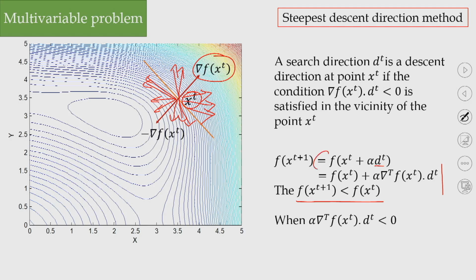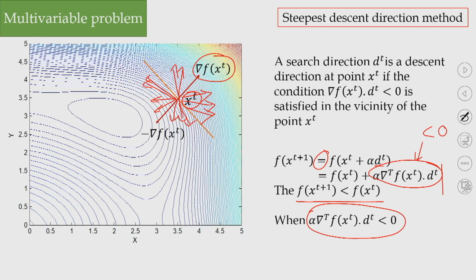Because this is an equality sign, if this portion, alpha del f x t dot dt, is less than 0, then that direction will be the descent direction. So, this particular portion should be less than 0.